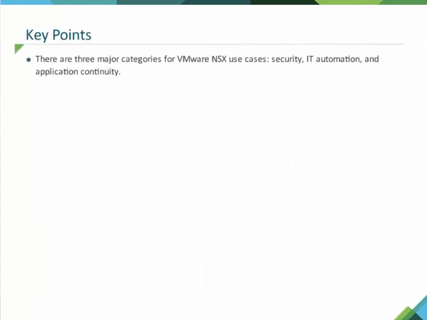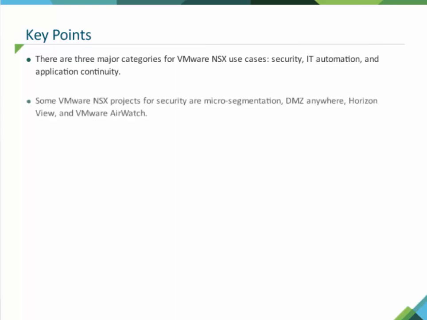There are three major categories for VMware NSX use cases: security, IT automation, and application continuity. Some VMware NSX projects for security are microsegmentation, DMZ Anywhere, Horizon View, and VMware AirWatch.